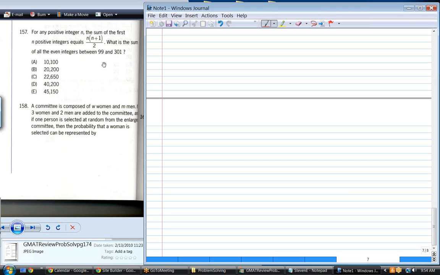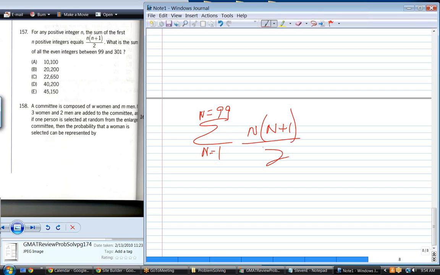So you do have to understand that we frequently have things like going from n equal 1 to n equal 99. The sum of that is going to be expressible as this.